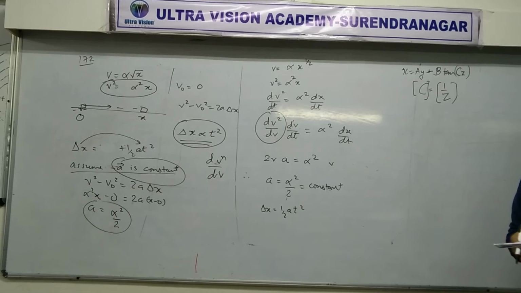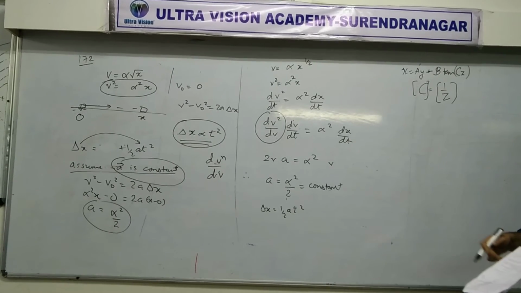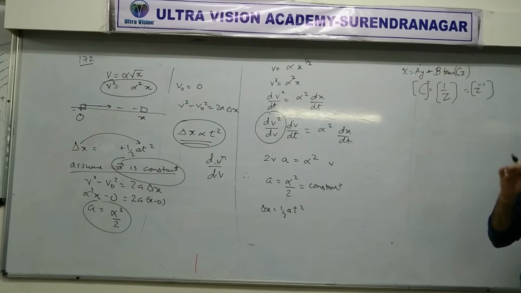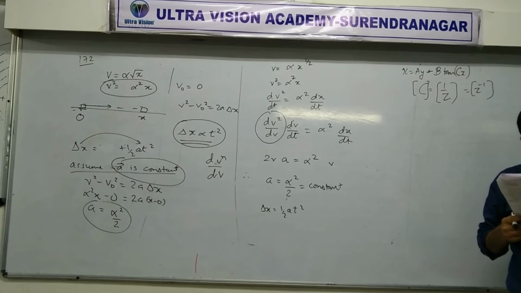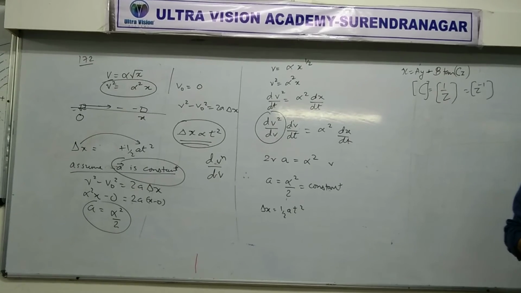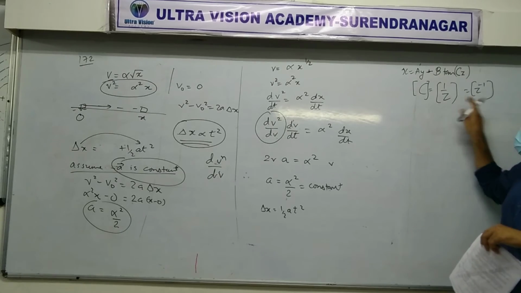Z inverse. So, which of the following do not have same dimension? Is B the answer? No, because both have same dimensions.